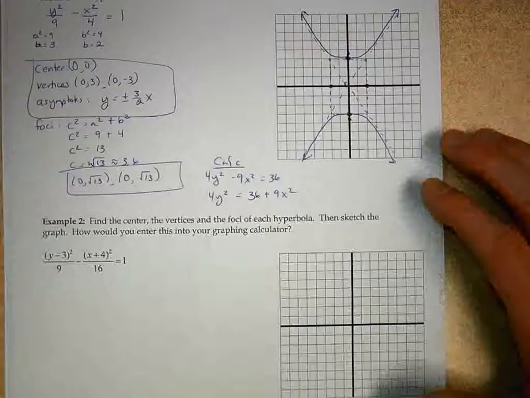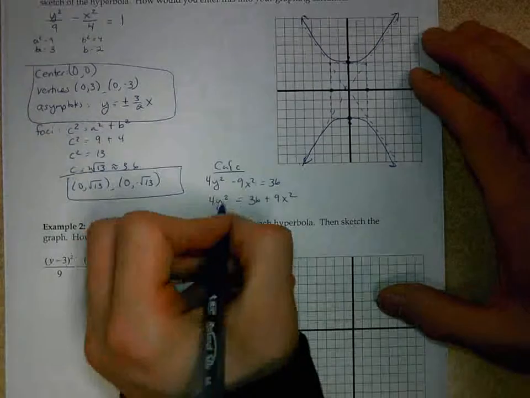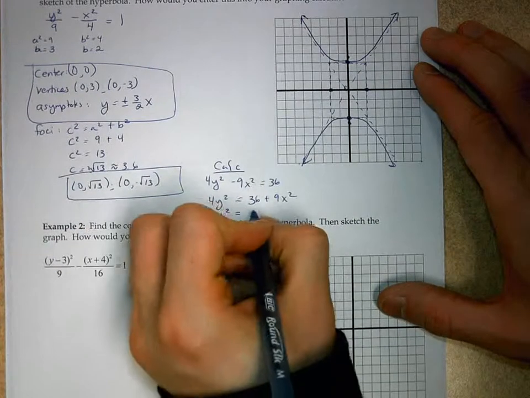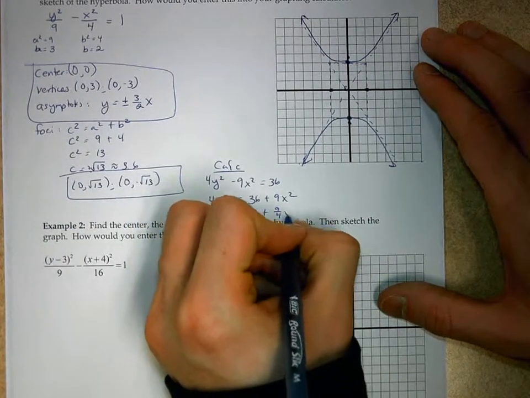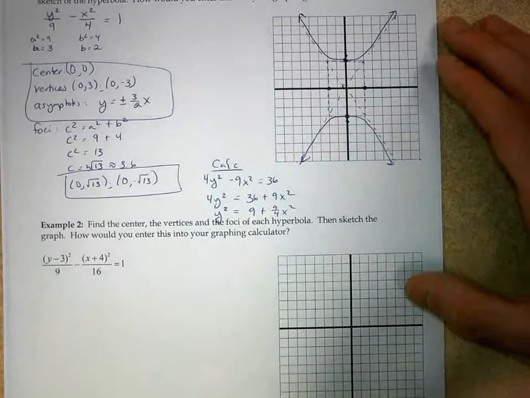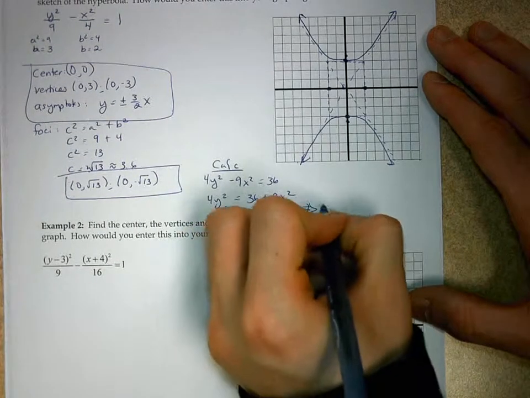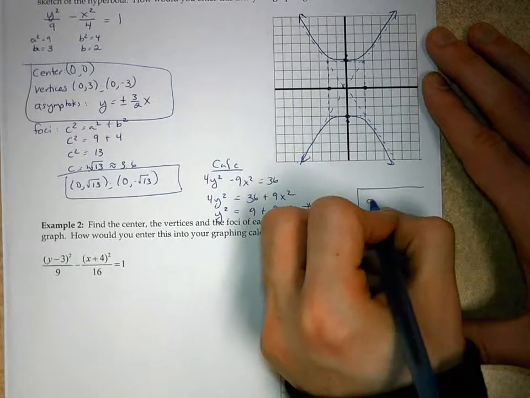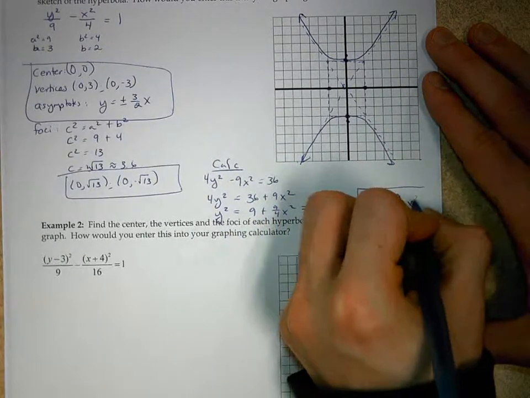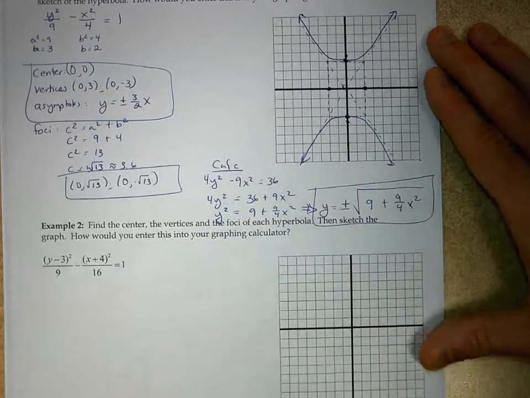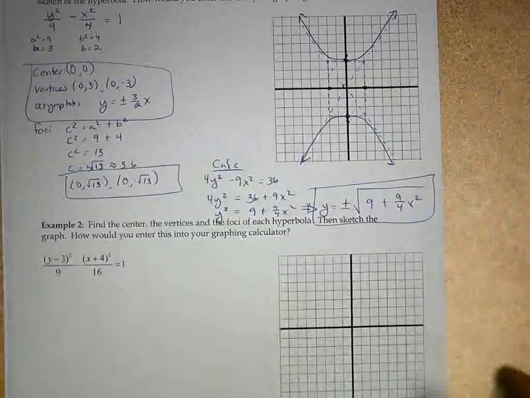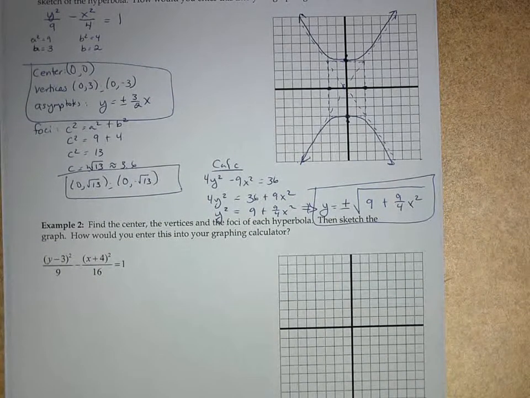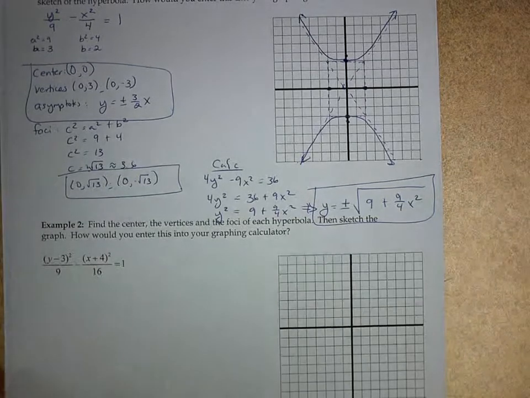Add 9x squared to both sides. Then we'll divide by 4. Y squared is 9 plus 9/4 x squared. And then finally, we take the square root. Y equals plus or minus the square root of 9 plus 9/4 x squared. That'll give me what my hyperbola would be inside of rectangular coordinates.